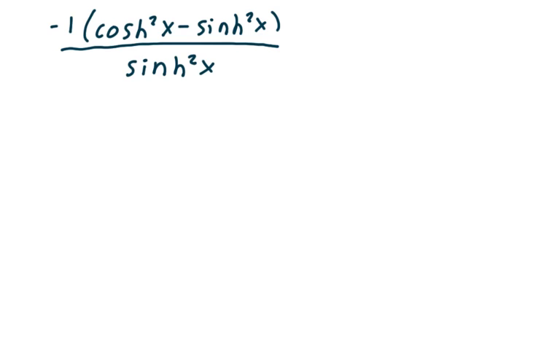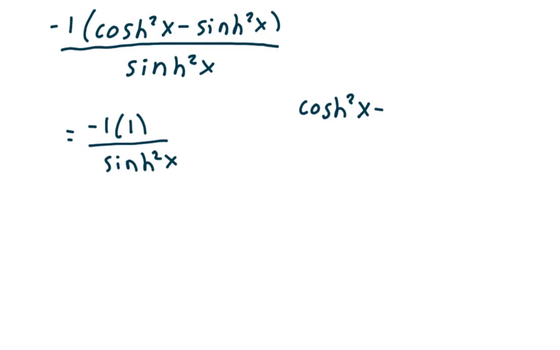But remember that cosh squared x minus sinh squared x is 1. And so this is negative 1 times 1 divided by sinh squared x. So again, remember, cosh squared x minus sinh squared x equals 1.